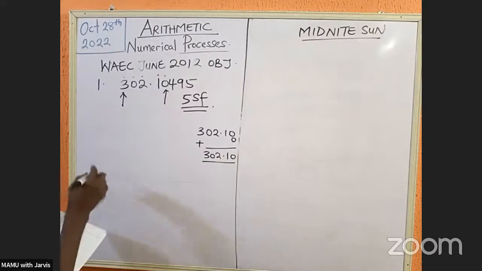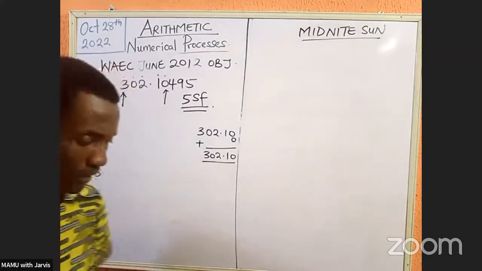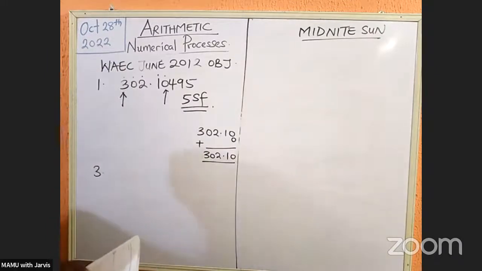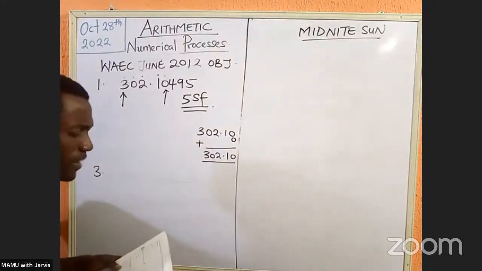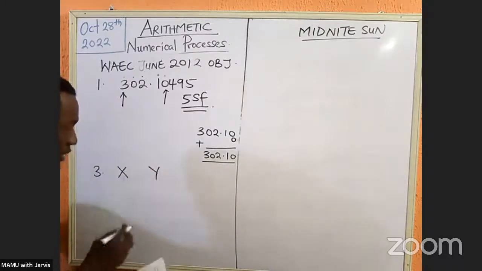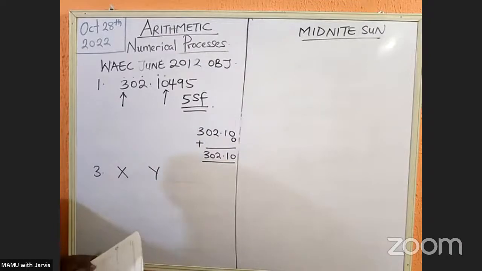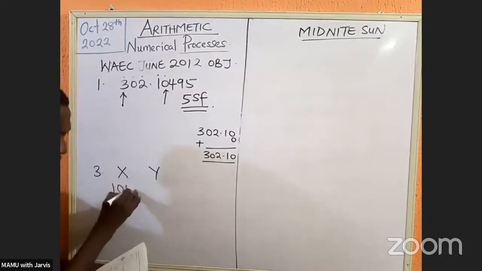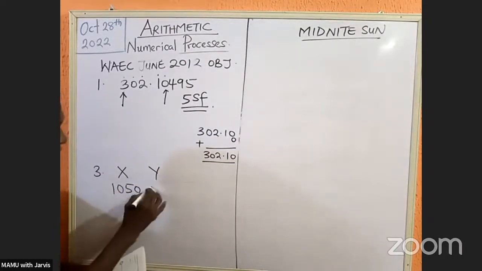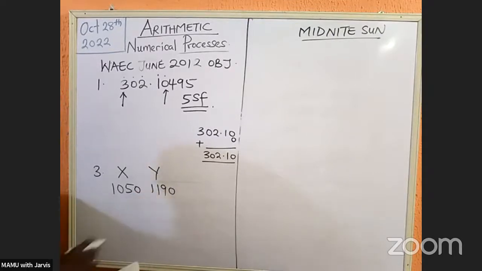Now, let's look at this. Question 3 is testing your knowledge of ratio. In 1995, the enrollments of 2 schools, X and Y, were 1,050 and 1,190.